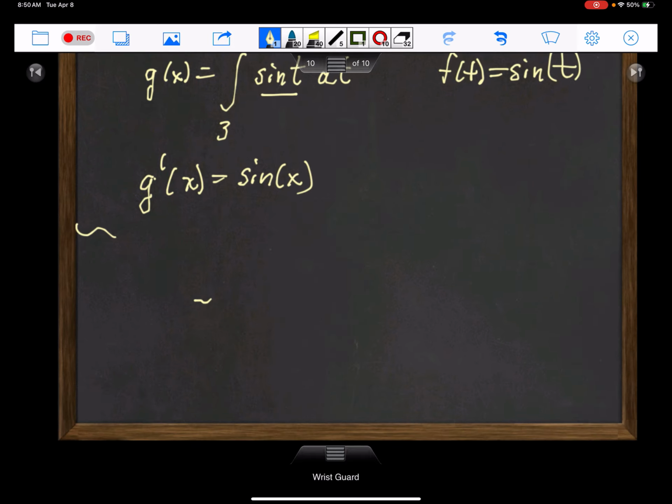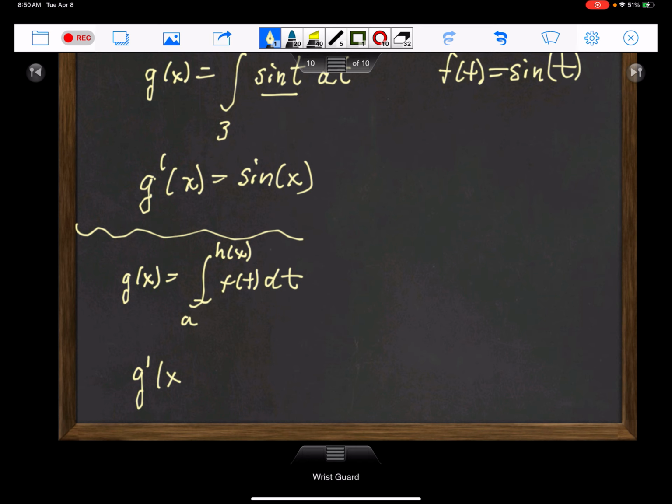One more thing to consider. If we have g of x is equal to, we'll say, a up to some function of x, f of t dt, that when we take the derivative of g with respect to x, it is going to be f evaluated at that right endpoint, but we have a chain rule in place. So we have to come back and take the derivative of that right endpoint. So let's look at a quick example of that.